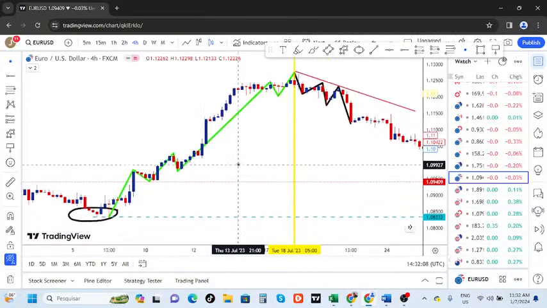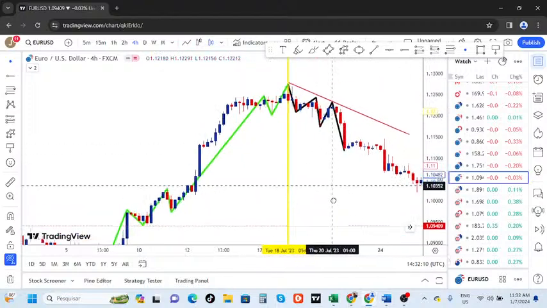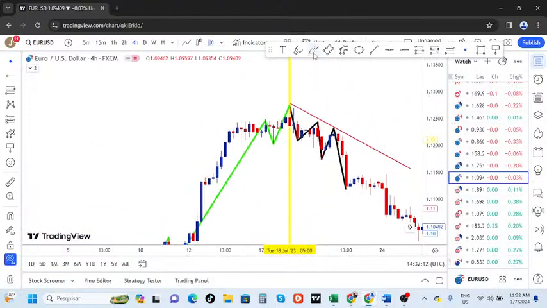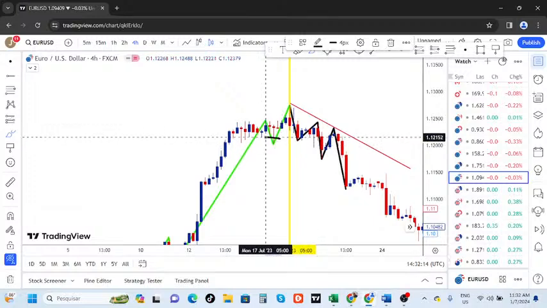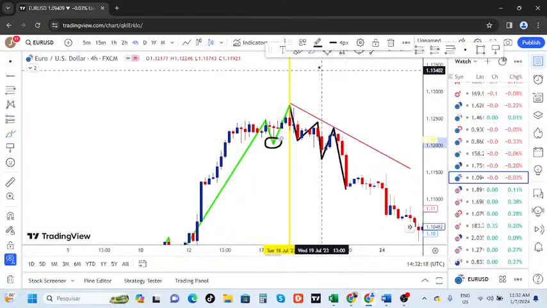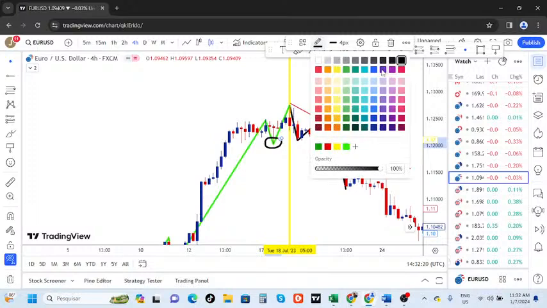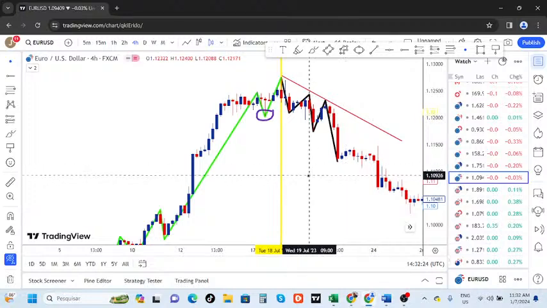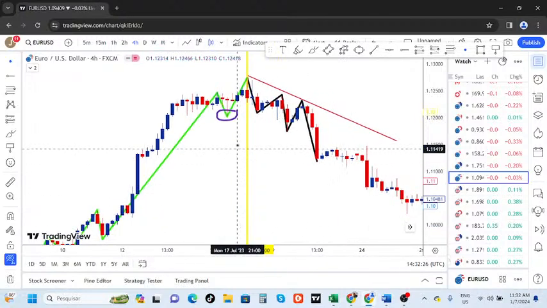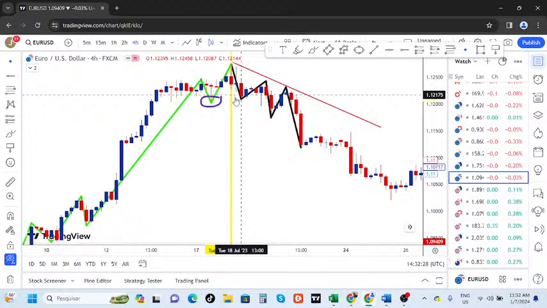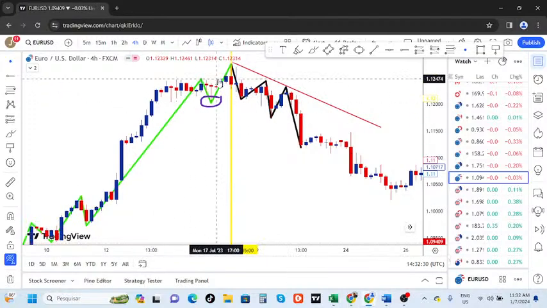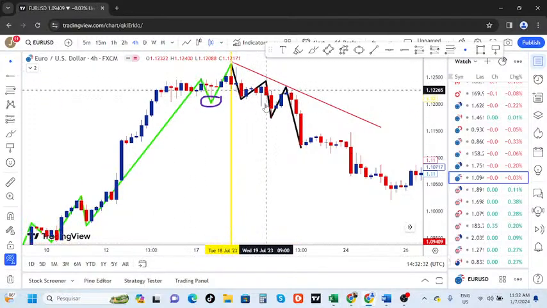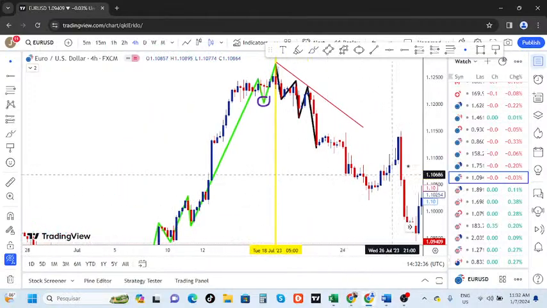Once this low on the 4-hour time frame was taken out, it was all fine. Yes, once this low was taken out, it was fine that this market is no longer in an uptrend. We have a confirmed downtrend on the 4-hour time frame. It's all good.